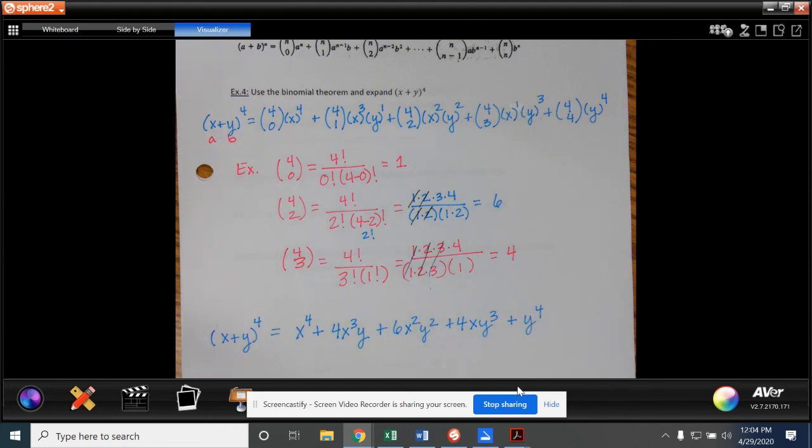I recommend the higher the number, I tend to go to the binomial theorem instead of Pascal's, but if it's a lower one under 10, I typically may use Pascal's. For your exam, you're going to need to know both and how to use them.